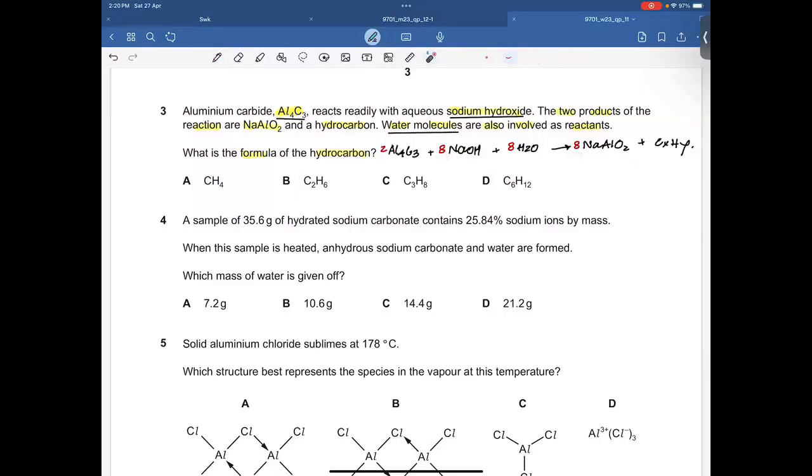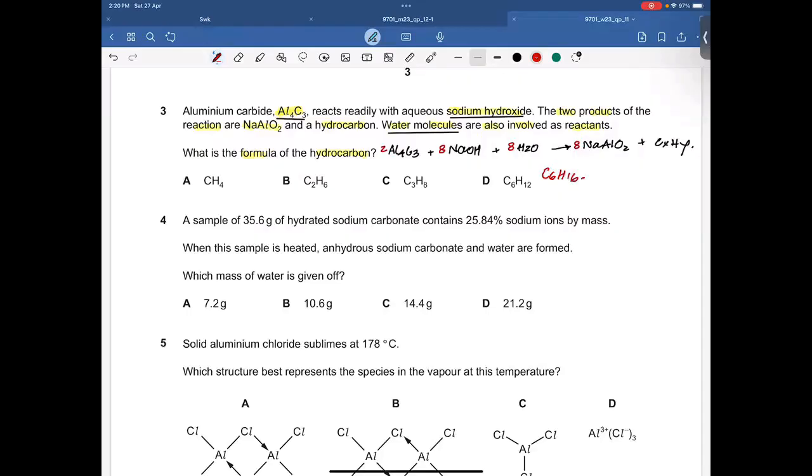So sodium is 8, balanced. Aluminum is 8, balanced. Oxygen is 2 times 8, 16. 8 plus 8, 16. How many carbon atoms now? 2 times 3, 6. We have 6 carbon atoms. And we have 8 plus 8, 16 hydrogen atoms.